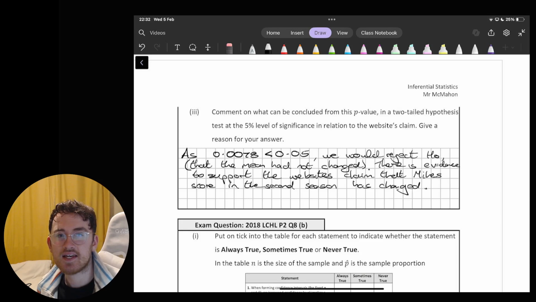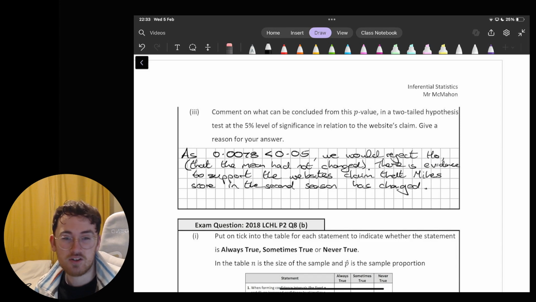So under the assumption that we made, that his score hadn't changed in the second season, there would be a probability of about 0.78% that we would have gotten this sample mean. That's extremely unlikely, and therefore means that the claim we've made is probably also false, because it's not holding up here. So it's more likely that his mean has in fact changed, which was the claim that the website made. So tying it back to the website claim, that's what we could conclude there.